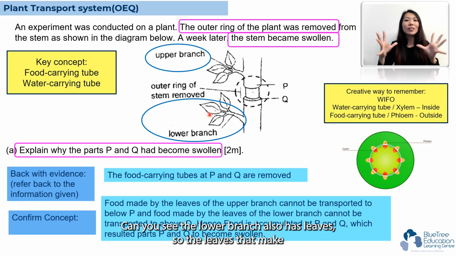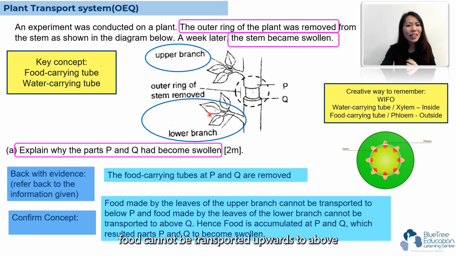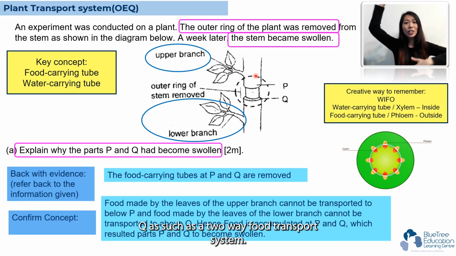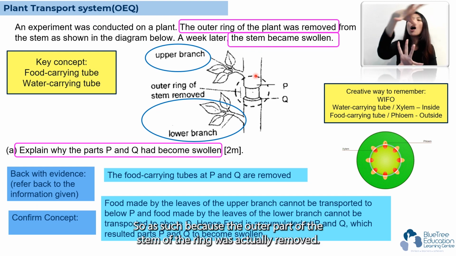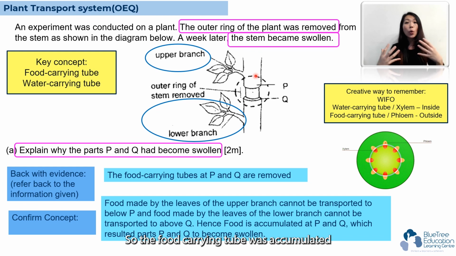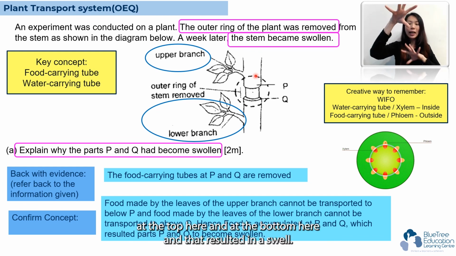So the leaves that make food cannot be transported upwards to above Q. As such, there's a two-way food transport system here. One is going downward and the other one is going upwards. Because the outer part of the stem ring was removed, the food was accumulated at the top here and at the bottom here, and that resulted in a swell.